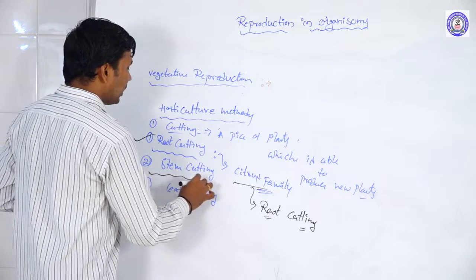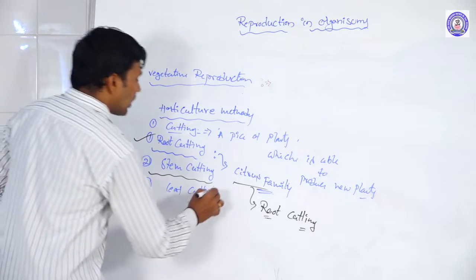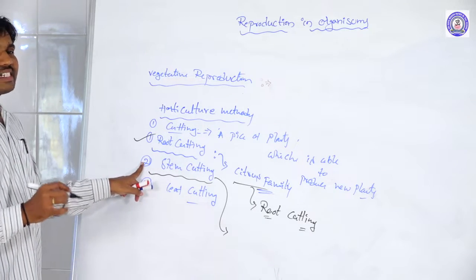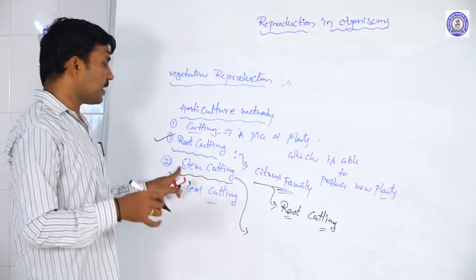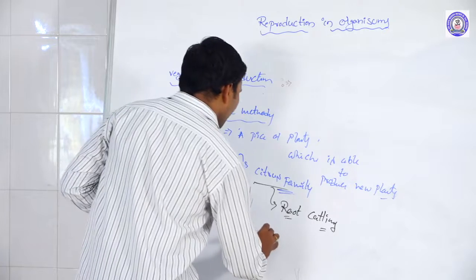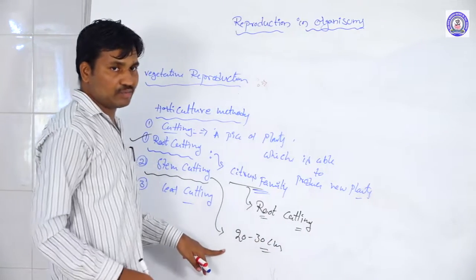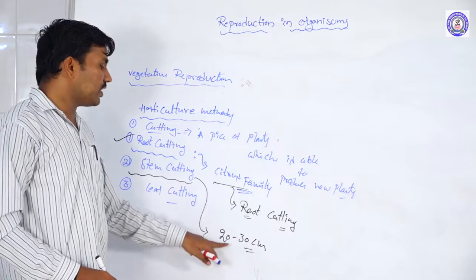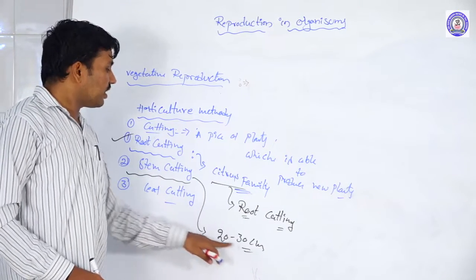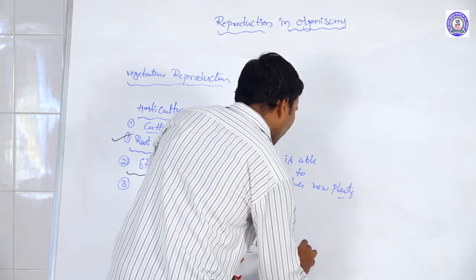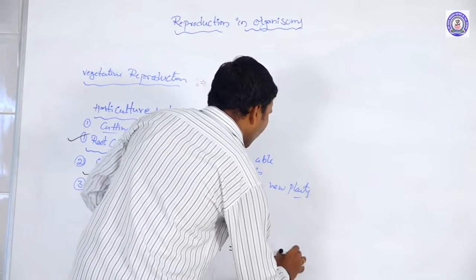The second one is the stem cutting. Here we use a piece of the stem, generally 20 to 30 centimeters in length, from stems that are at least 1 year old.